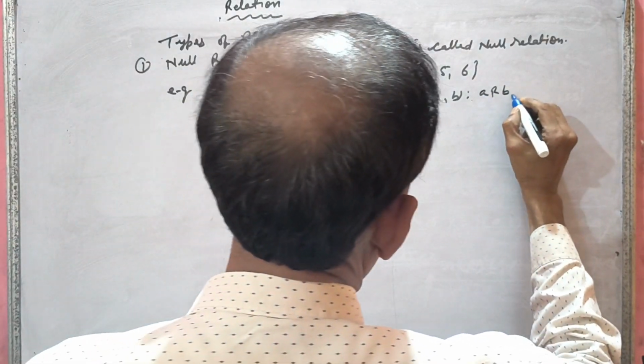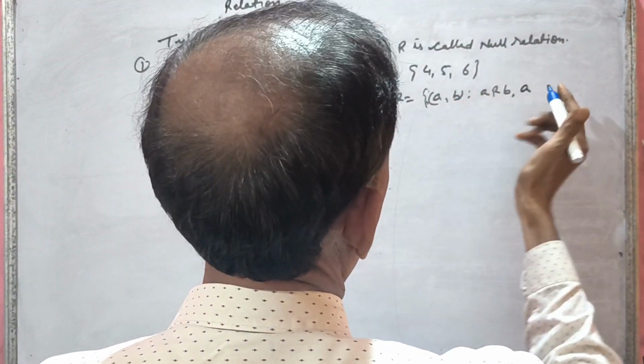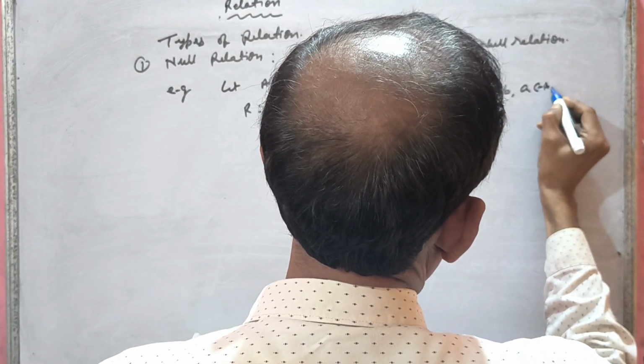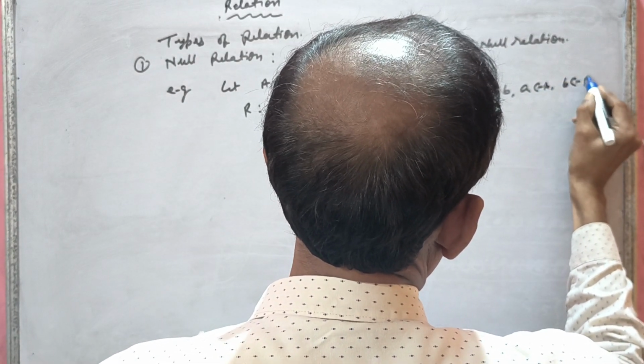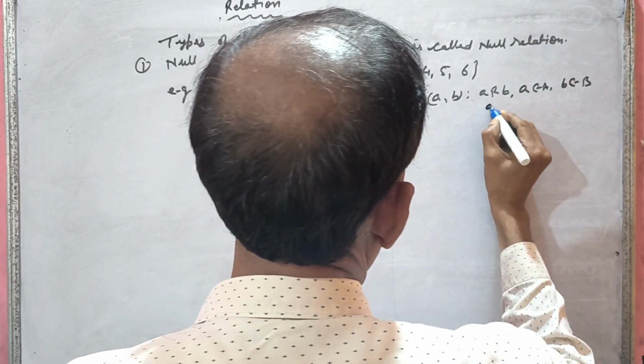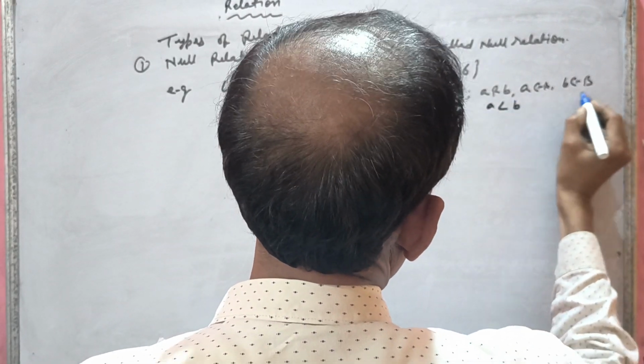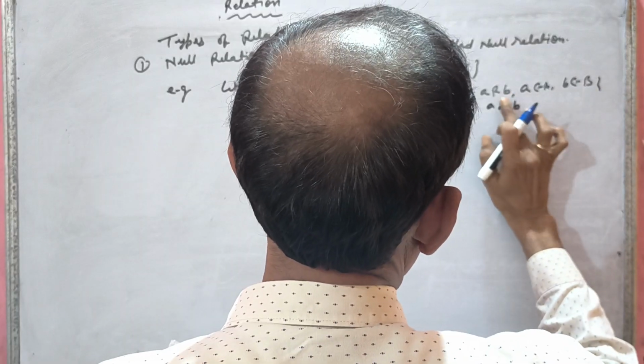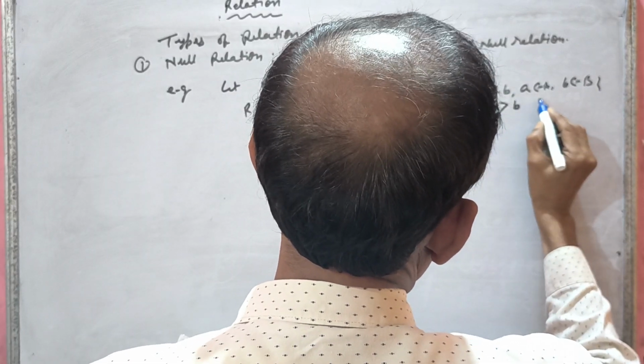This is not compulsory, right? Ordered pair (a, b) means a related to b only. a belongs to A, b belongs to B, and the condition I have not written. This is important. This is the condition: a is greater than b.